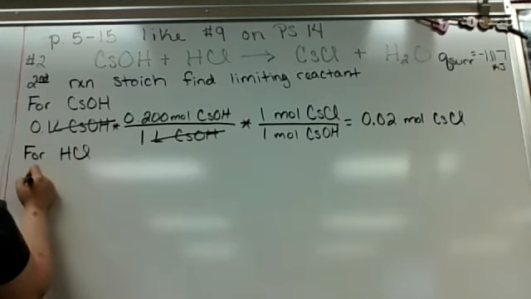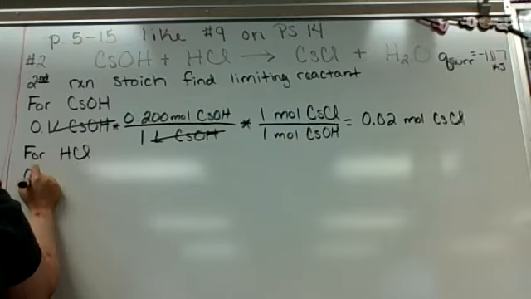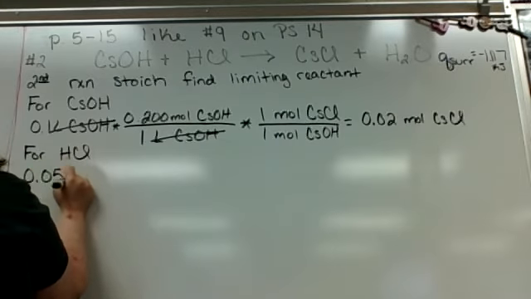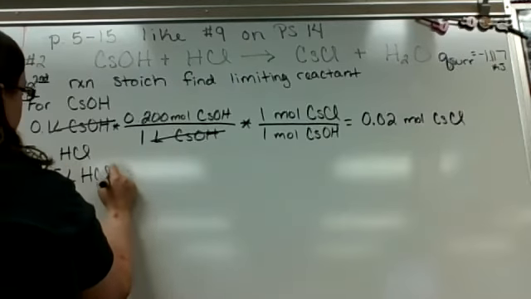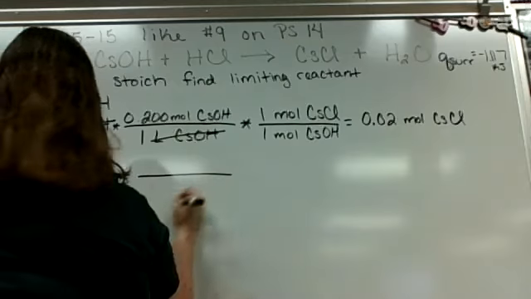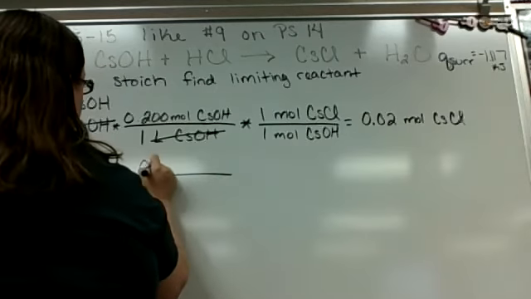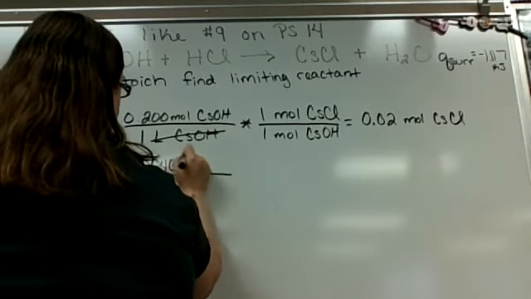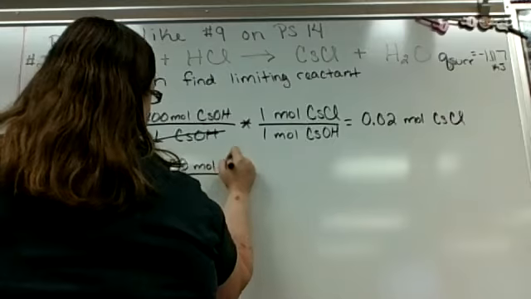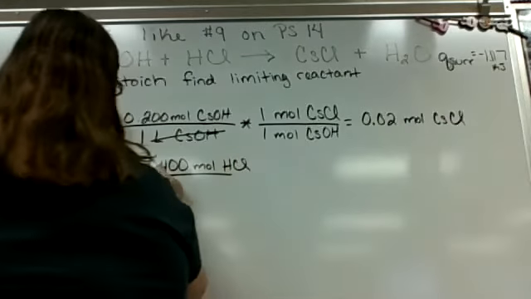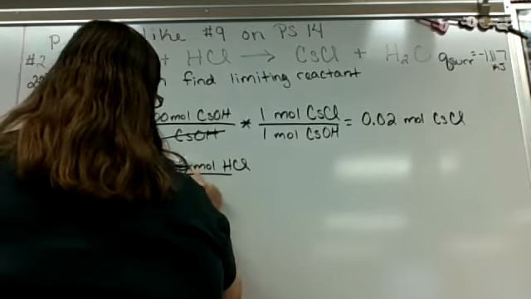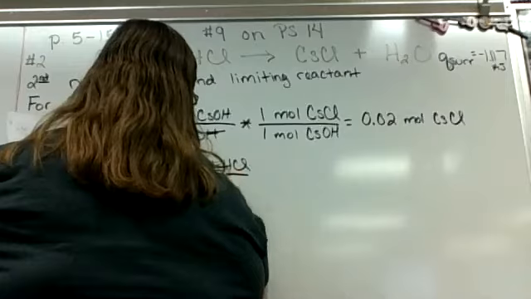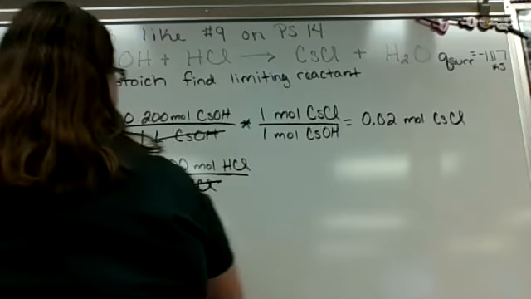For HCl, we get 0.05 liters of HCl times the molarity, which is 0.400 moles of HCl per 1 liter of HCl. That cancels out my liters.